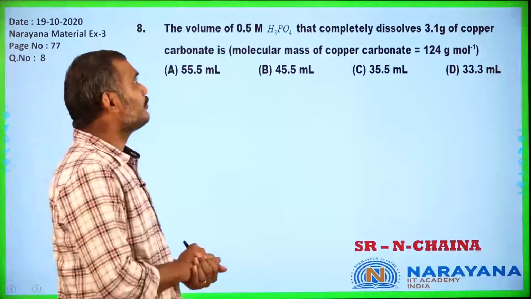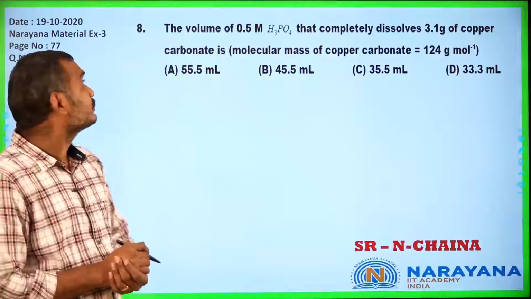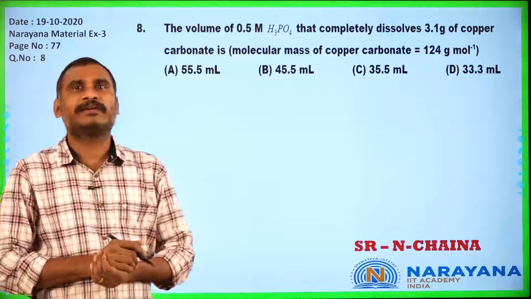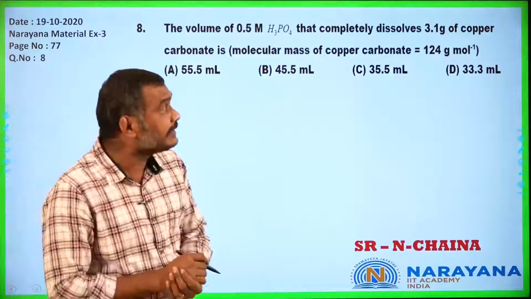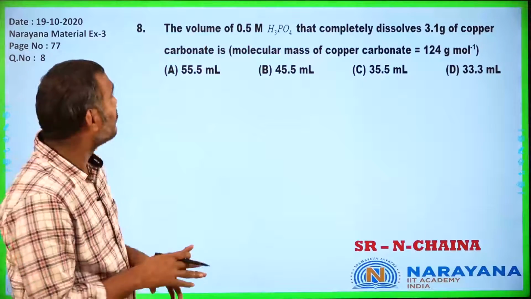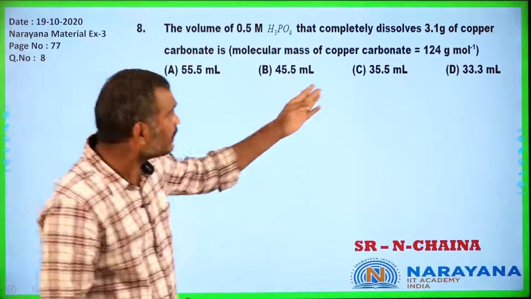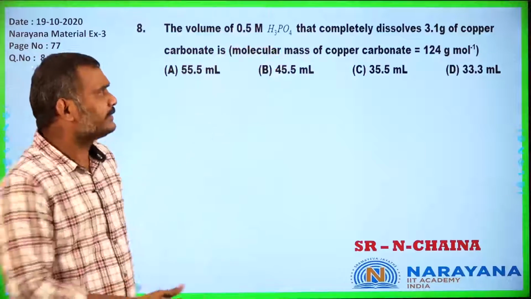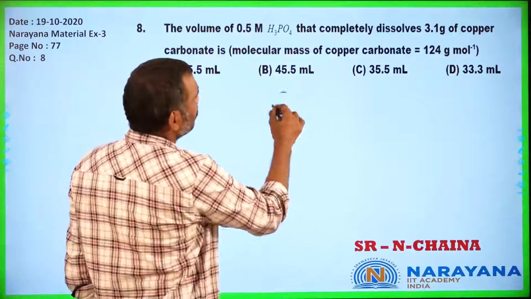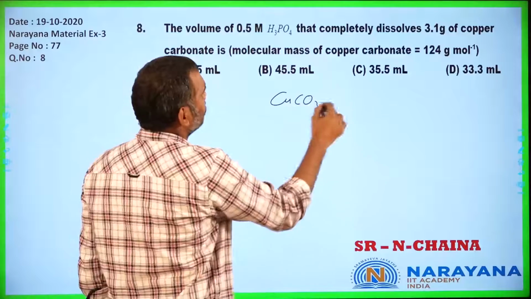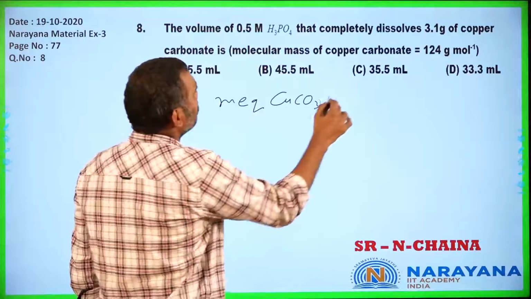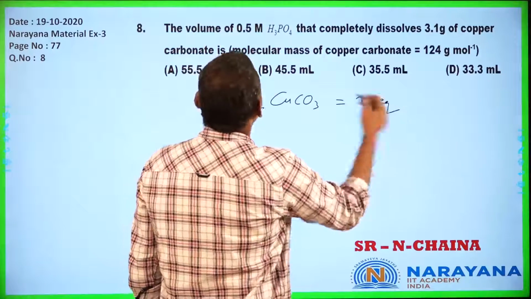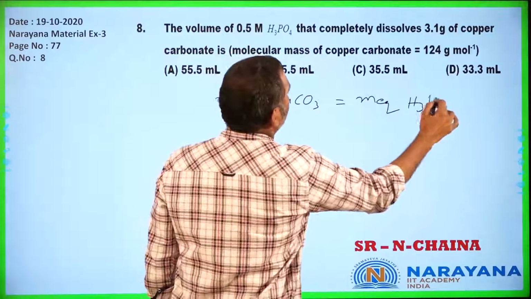The volume of 0.5 M H3PO4 that completely dissolves 3.1 gram of copper carbonate. The molecular mass of copper carbonate is given as 124. Simply, milli equivalents of CuCO3 is equal to milli equivalents of H3PO4.